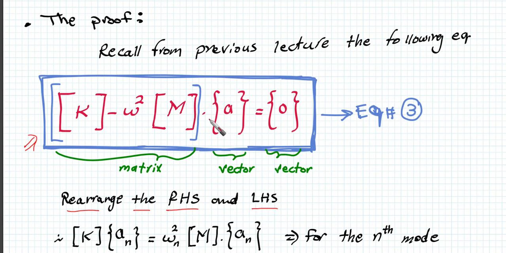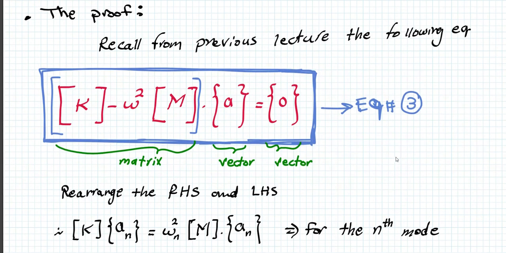Here we find K, the stiffness matrix, multiplied by A_n, the vector of the nth mode shape, equals omega squared times M, the mass matrix, multiplied by the nth mode shape A_n.